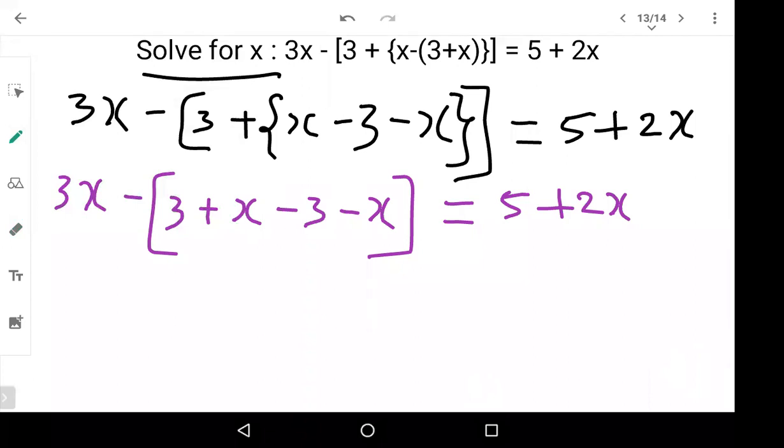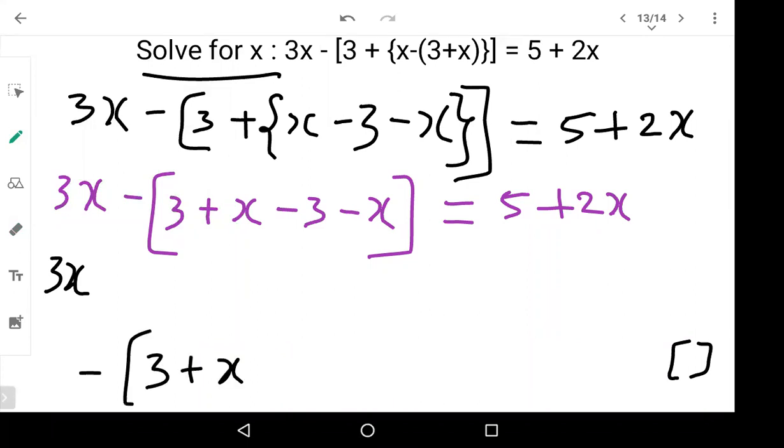Now we will remove these rectangular brackets. So 3x, and then we have the rectangular brackets, that is nothing but minus 3 plus x minus 3 minus x. So I can assume this as minus 1 here. So minus 1 into 3 will give me minus 3.